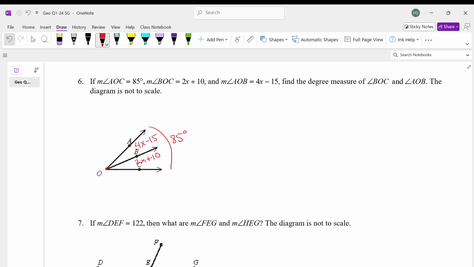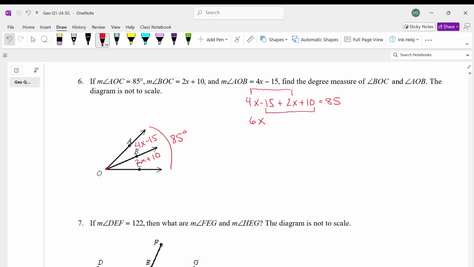So these two smaller angles sum 85 degrees. So we take 4x minus 15 plus 2x plus 10. We make it equal to 85. Going to combine our like terms. 4x plus 2x is 6x.